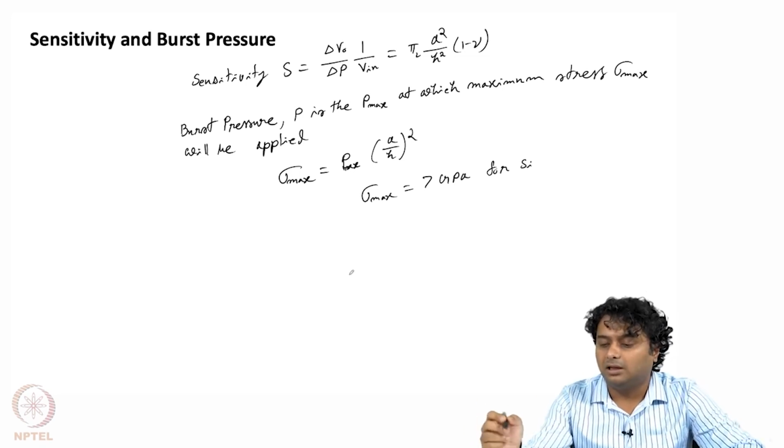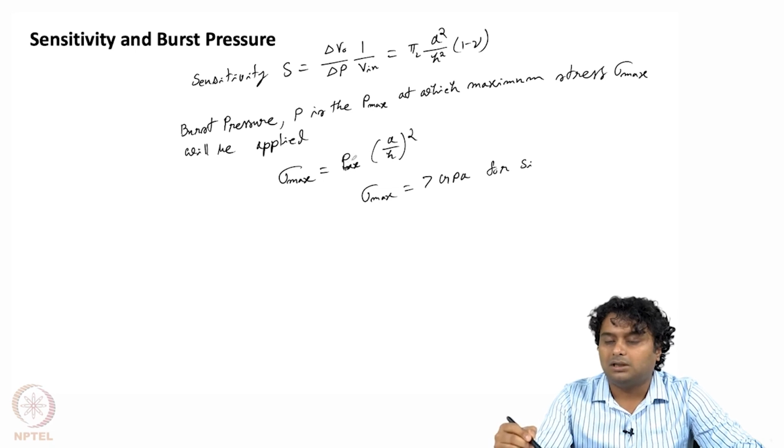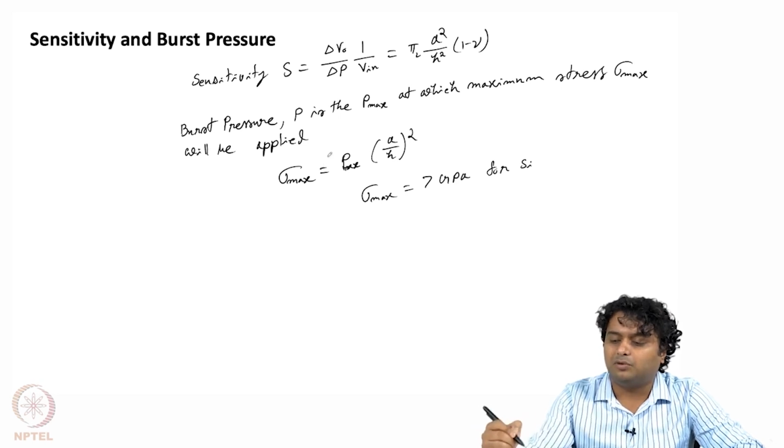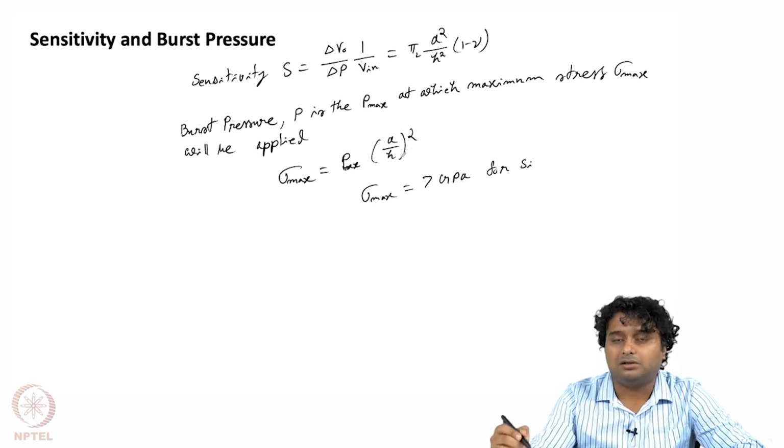So the point here is that we know the material's sigma max, or the maximum stress the material can withstand. So if we know the material and geometry, then we know how much maximum pressure this pressure sensor or membrane can withstand, because if we apply more pressure than that, the membrane will burst. Another point to note is that this P burst or P max is different for different geometries of membrane.